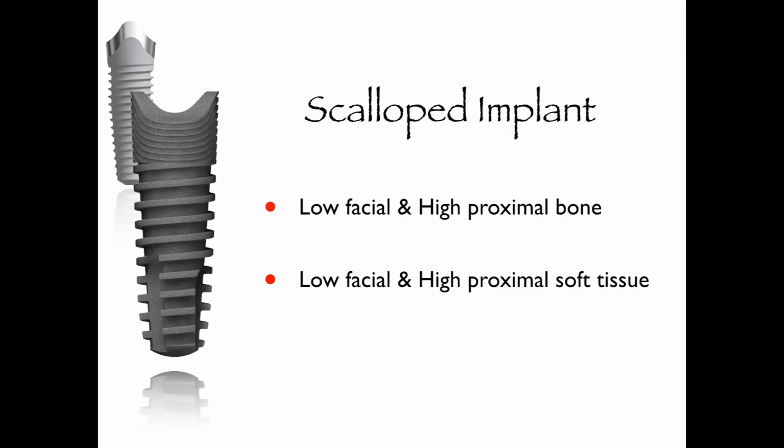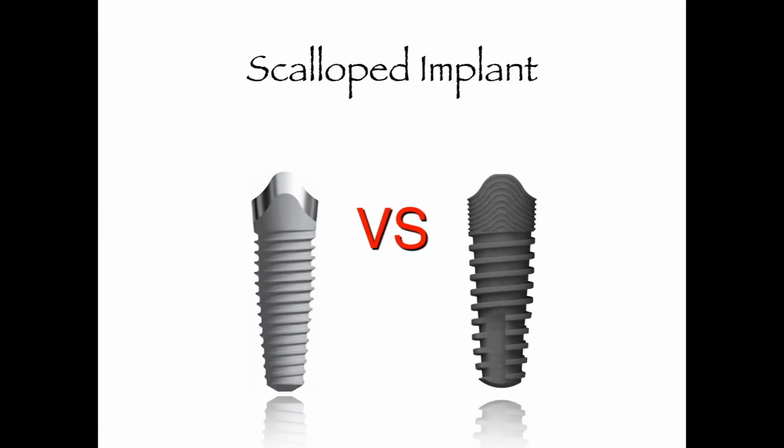The purpose of the scalloped implant is to promote or maintain low facial bone level and high proximal bone height, thus creating low facial soft tissue and high proximal soft tissue appearance, mimicking the natural tooth architecture. The scalloped implant that I'm presenting is different than the first generation scalloped implant from Nobel Biocare.